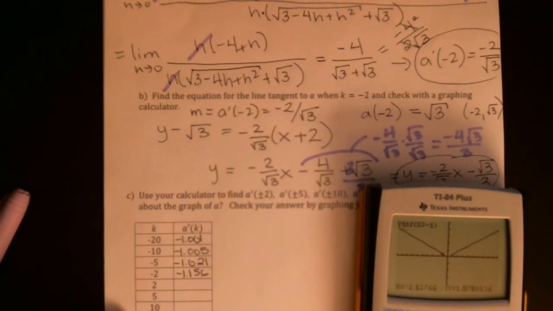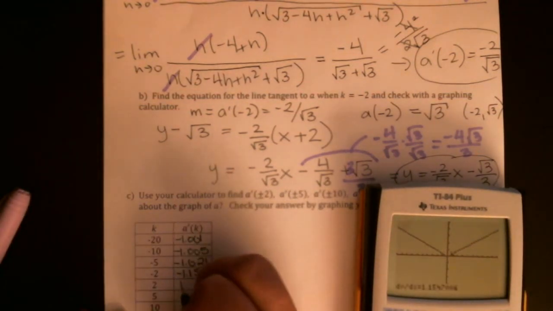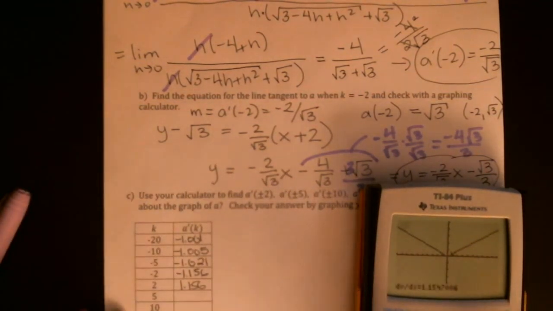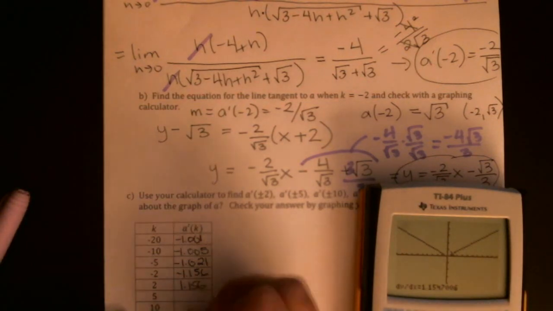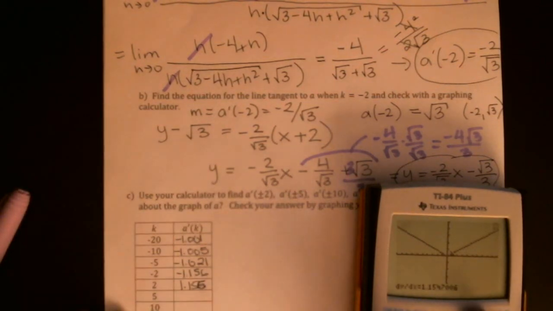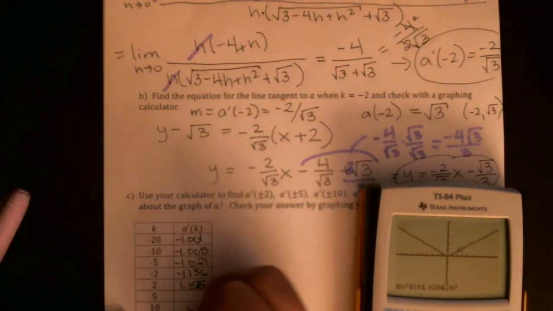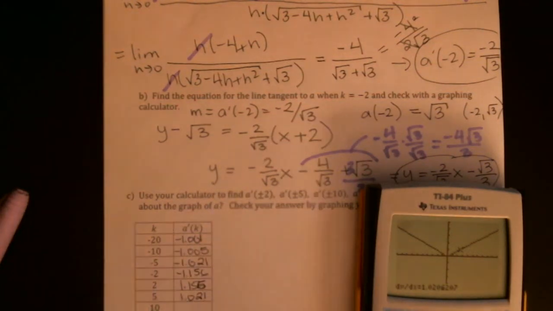Okay, and then if we do the other side, we want positive 2, which is 1.155 even. We want positive 5, which gives us 1.021-ish.